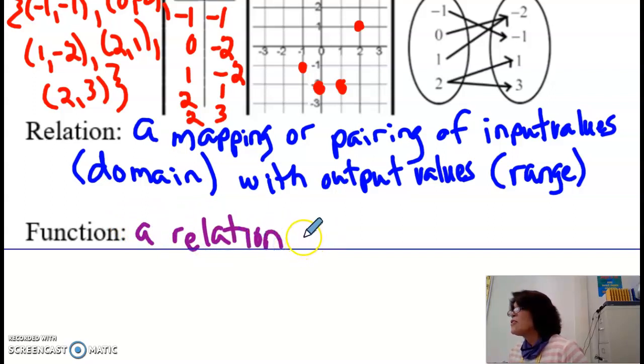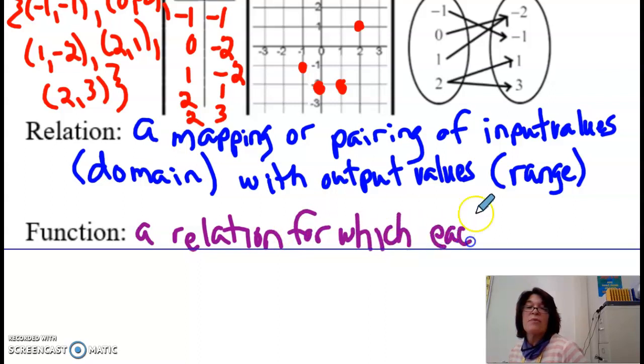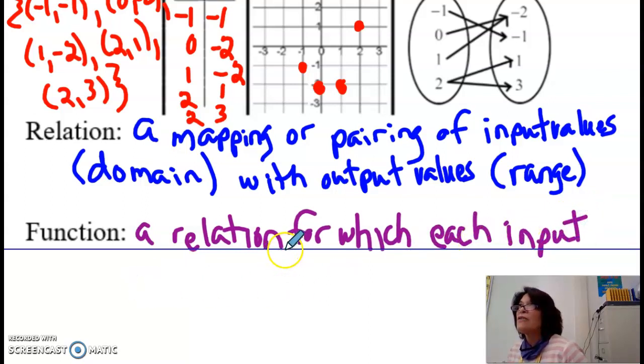It's a relation for which each input, each x value, in our case, we usually graph in terms of x as the first coordinate, y as the second coordinate. So x would be the input. A relation for which each input has exactly one output.